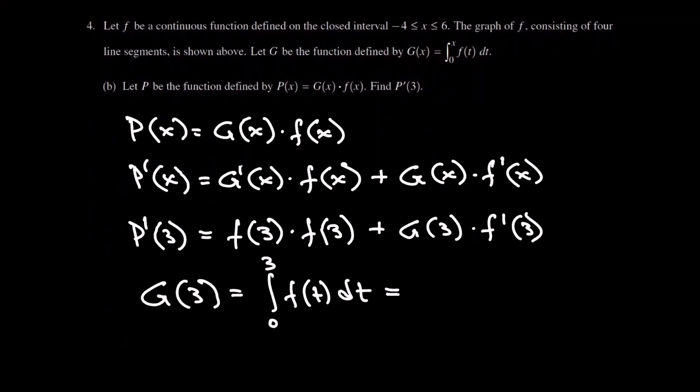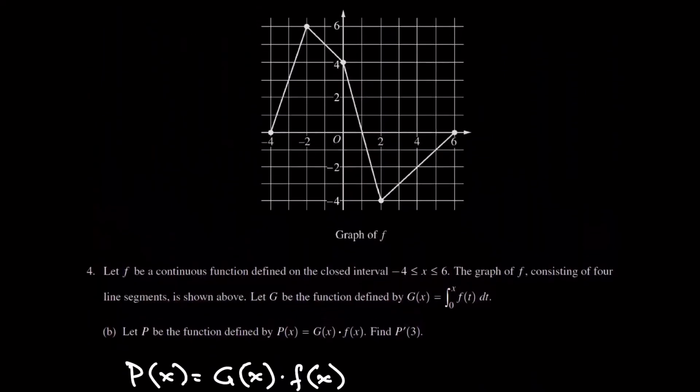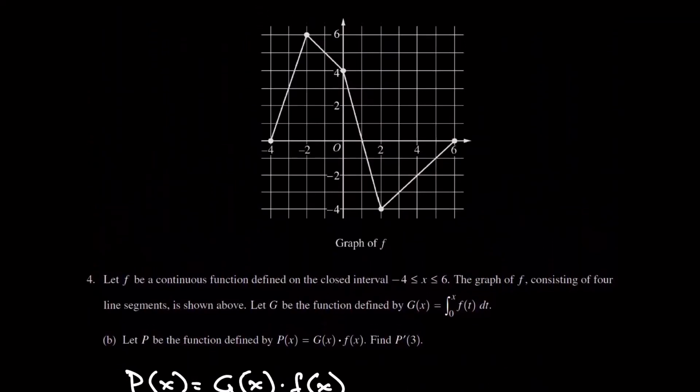And then we can just read from the graph f of 3, and then take a look at the slope of f at point 3, to read all the other numbers from the graph. So let's go back and take a look at these values. The first value we need is f of 3, and f of 3 is equal to negative 3.